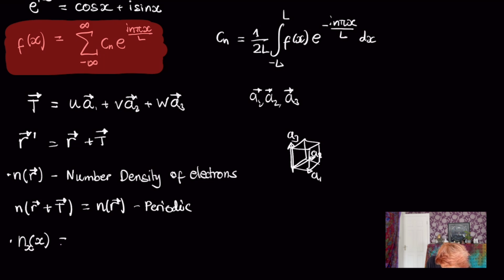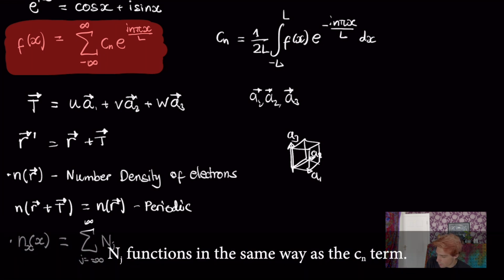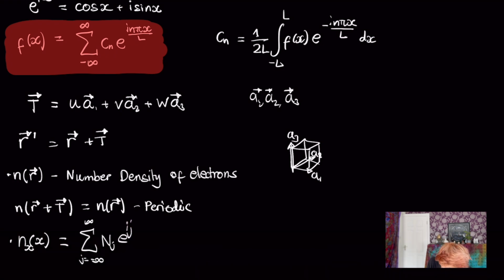So using our Fourier series, we can say that this is equal to, let's just use a dummy index j, the sum from minus infinity to infinity of nj, which is essentially our weighting coefficient, like our Cn right here, times e to the i j pi x over a. And that's the key thing. a now is our periodicity.